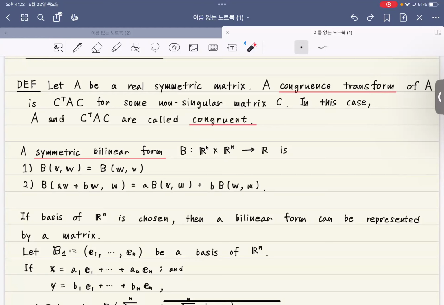Also in general relativity, the metric is a symmetric bilinear form, and also in many homology theories, I forget. So it is important in mathematics. So we are interested in the symmetric bilinear form.